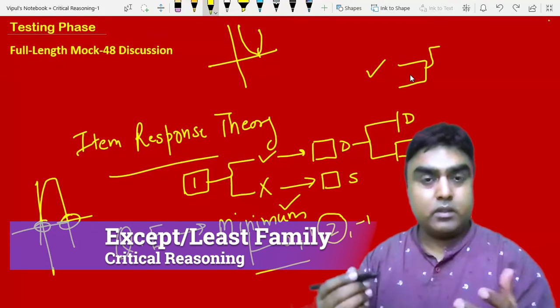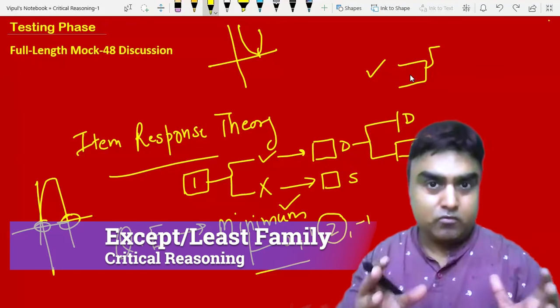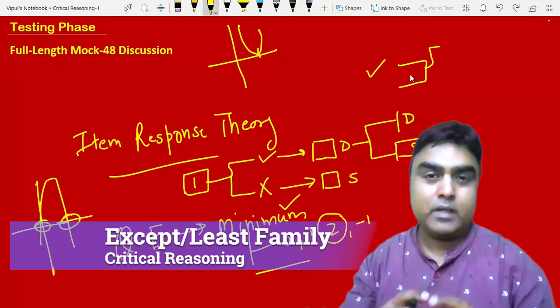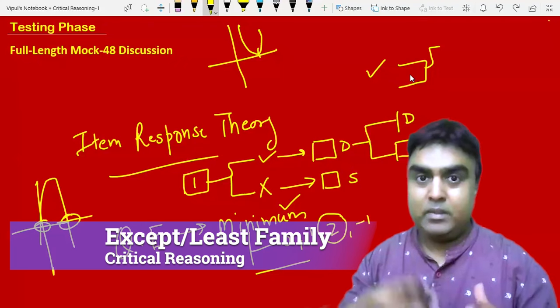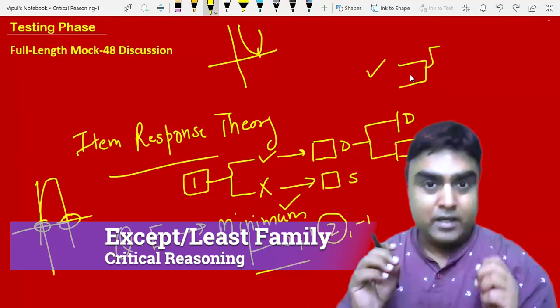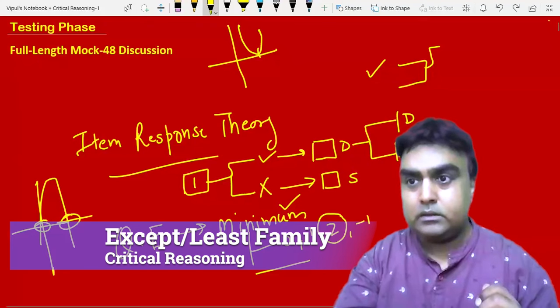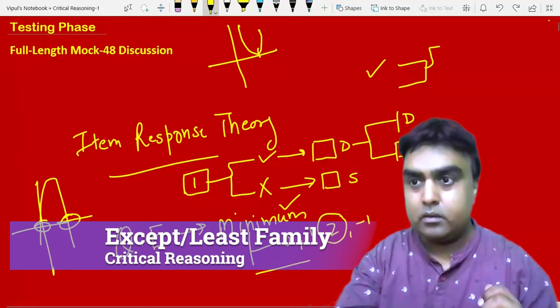The most difficult CR questions belong to this family, where it can be an assumption question, a strengthen or a weaken question, and it will have a word like accept or least. Now let me show you what kind of question that would be.